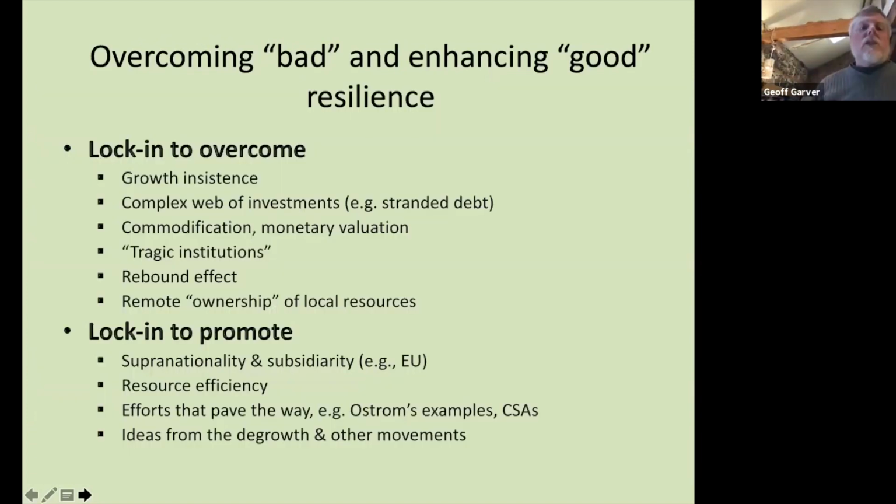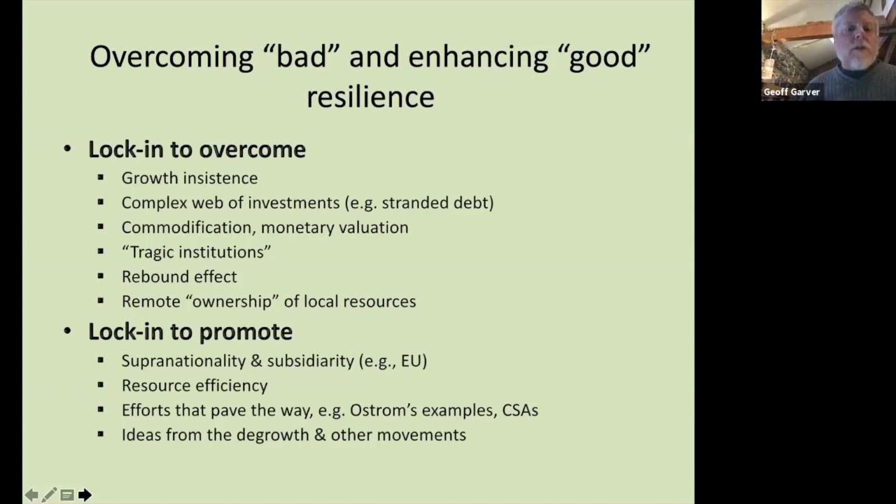And then the second aspect is just to look at the degree of lockout of various things that we want to either come or that we want to promote. And here I just have a list of some of the things that we might want to overcome. So growth insistence, the global objective to keep pushing economic growth, even if it's called sustainable economic growth. Well, that's very, very deeply locked in and might take a long time to overcome. I'm not going to go through all of these, but just to give you a sense of what I'm talking about here.